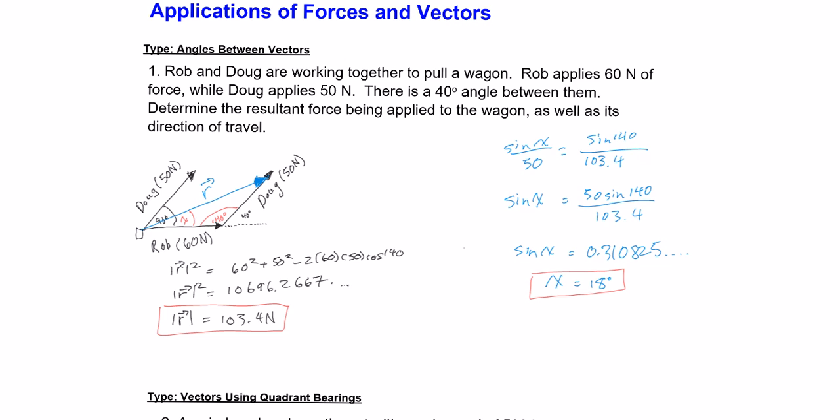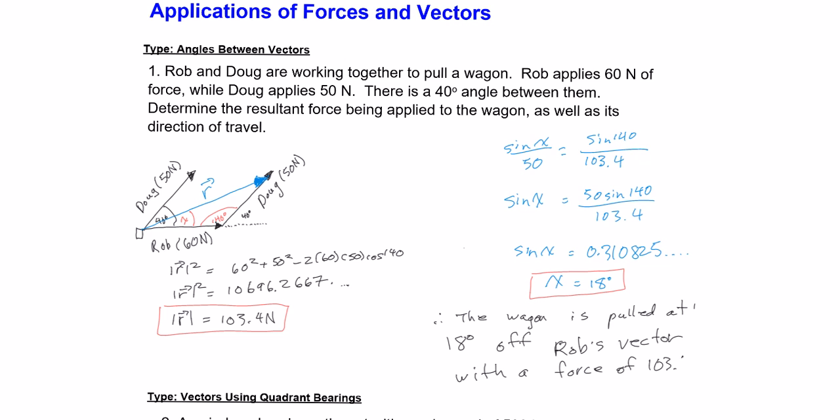Now, for the final statement, you're going to say, therefore, the wagon is pulled at 18 degrees off Rob's vector with a force of 103.4 newtons.